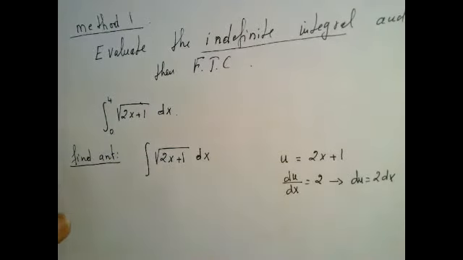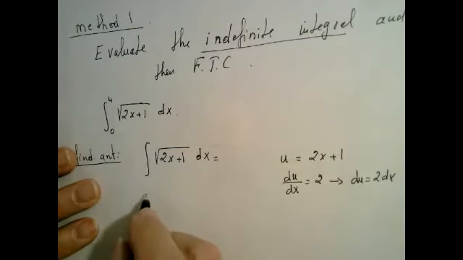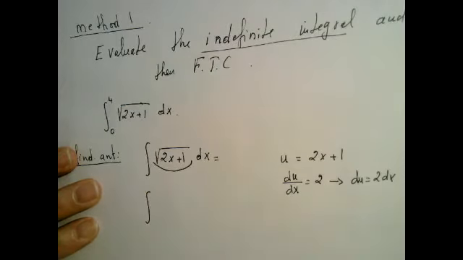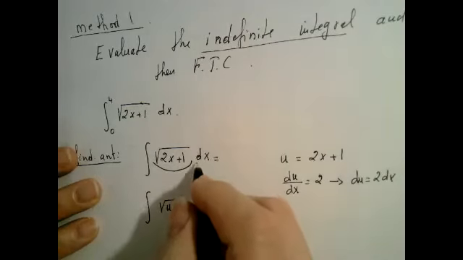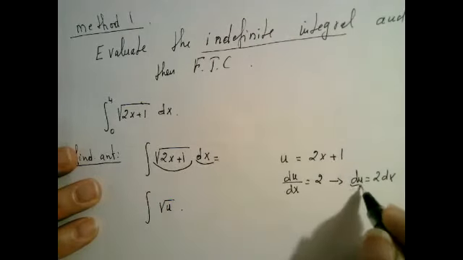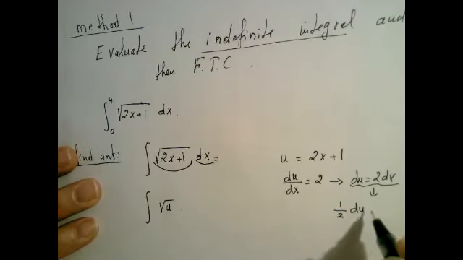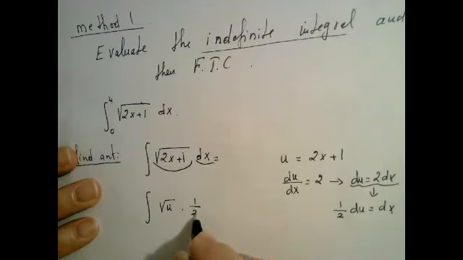Now the substitution. This is equal to the integral of the square root of 2x plus 1, which is the square root of u, times dx, which is half of du.